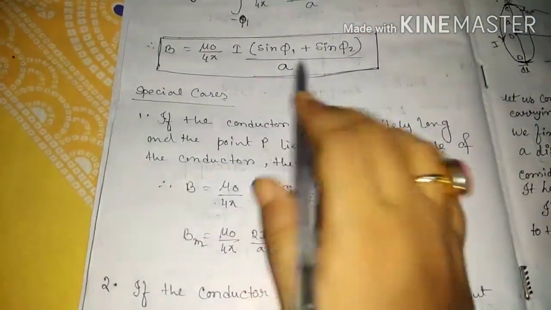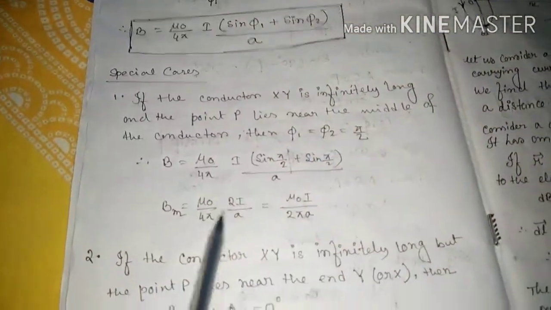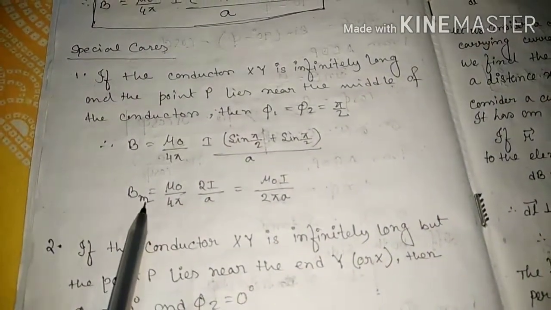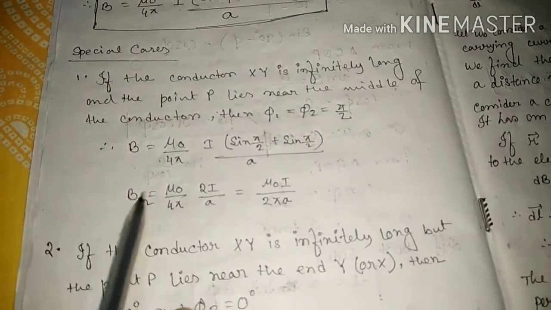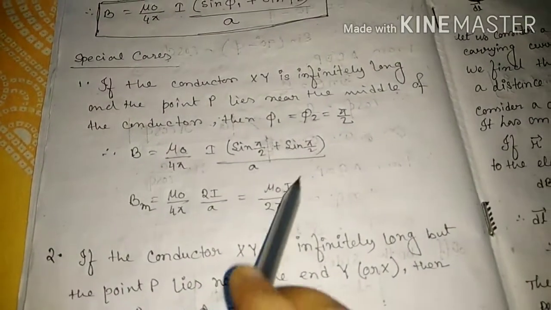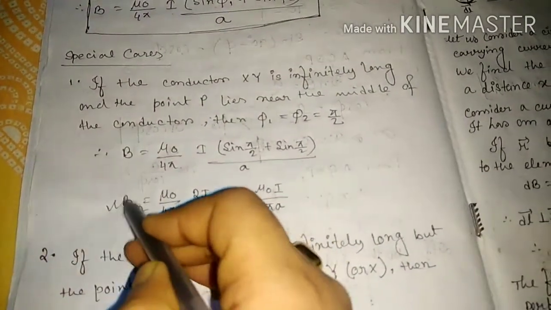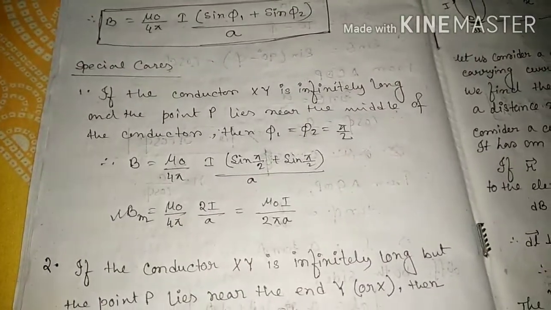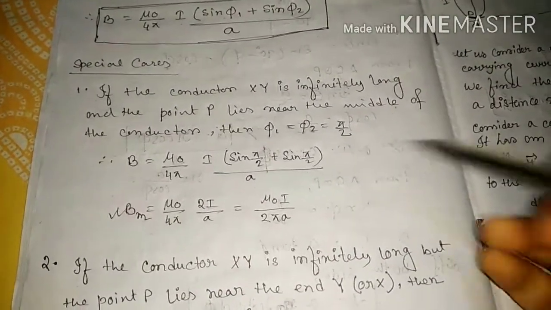So in place of phi 1 and phi 2, if you put pi by 2, we get B M, B M meaning at the middle. Mu 0 by 4 pi times 2 I by A, that will be mu 0 I by 2 pi A. So you remember this expression. This is a very important expression, and numericals also come this way.